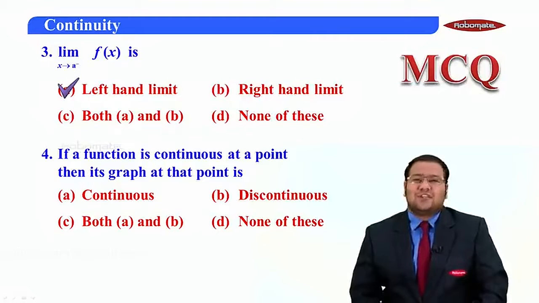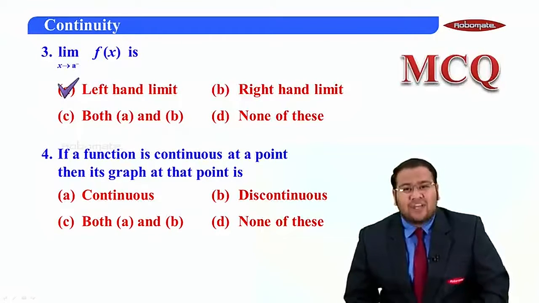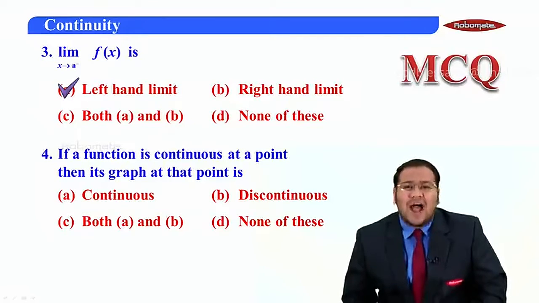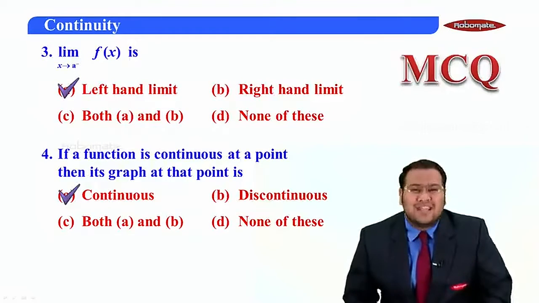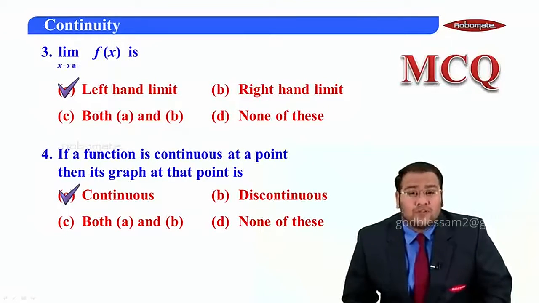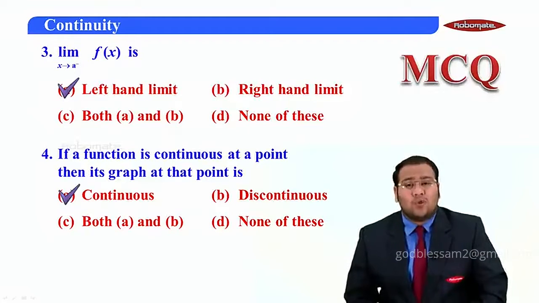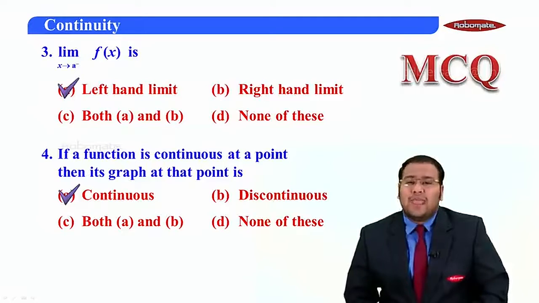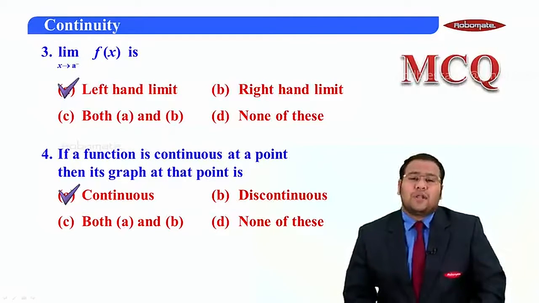Also the vice versa is true. So if a function is continuous at a point, then its graph at that point is always continuous. So students, all these 4 MCQs and the one very standard formula are very important.